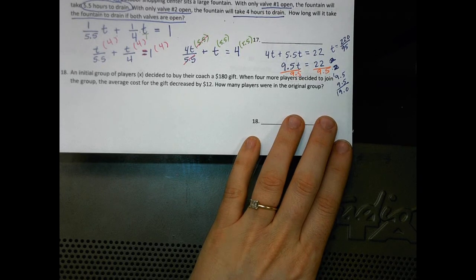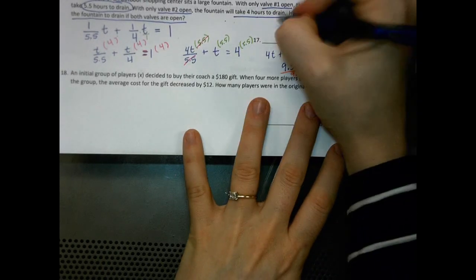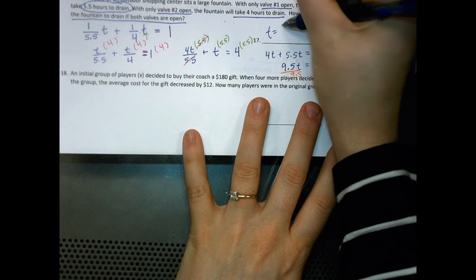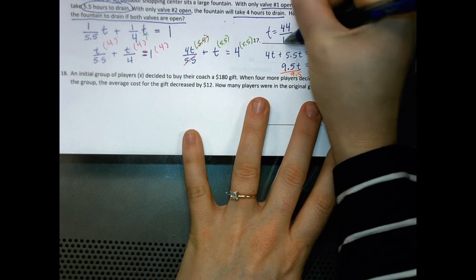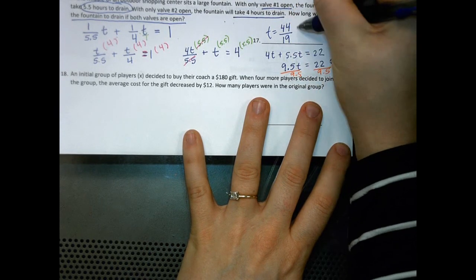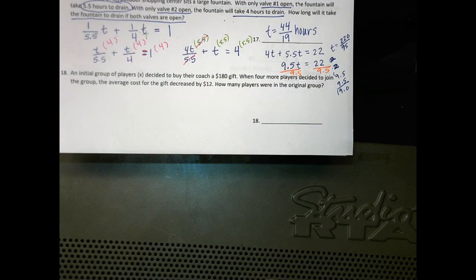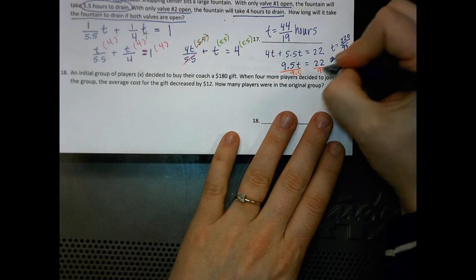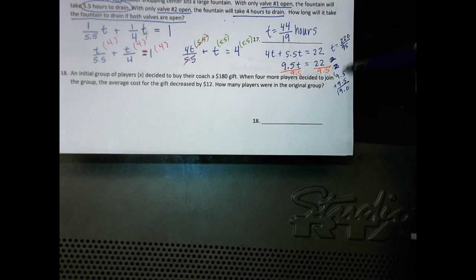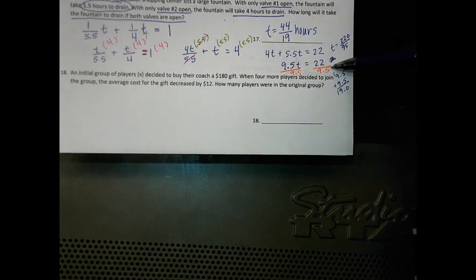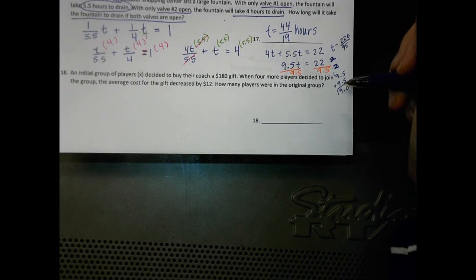What's 22 times 2? So this is 44 over 19 hours. If you multiply this by 2, it's the same as adding it to itself. 3 times 2 is 6. 3 plus 3 is 6.